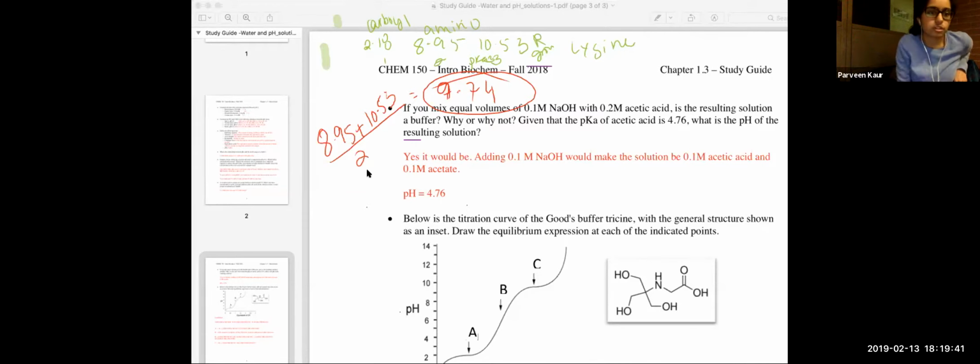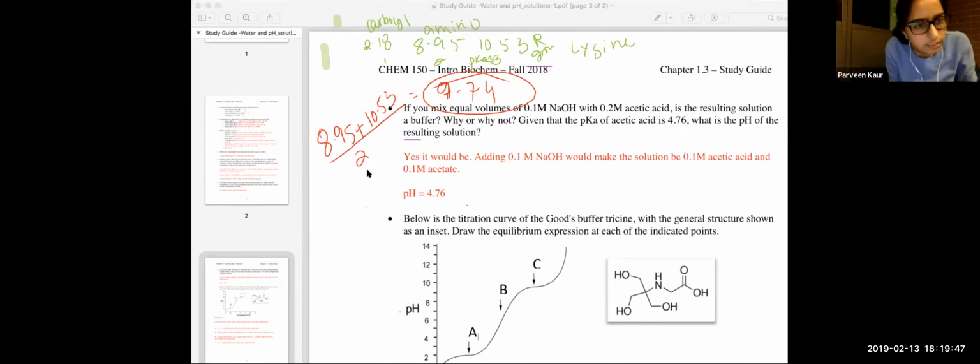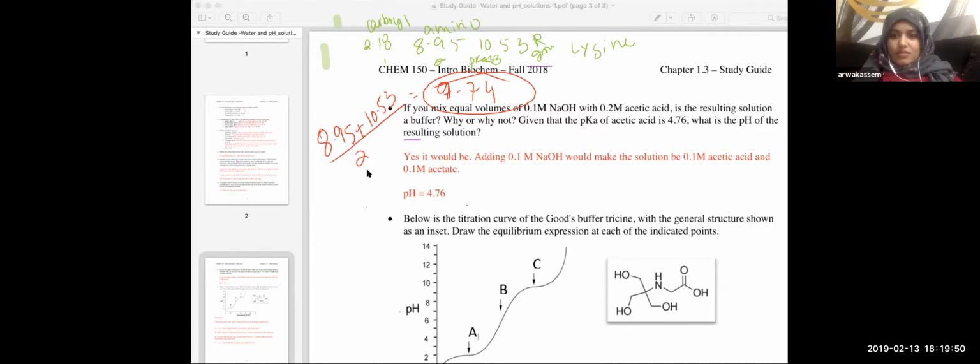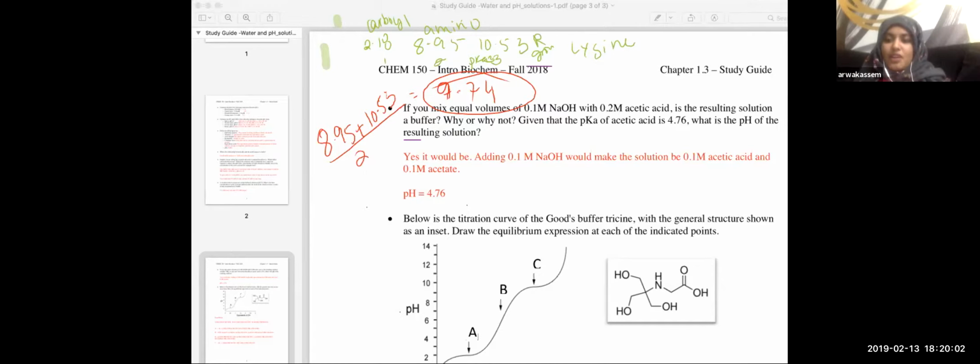He won't give you the structure. So we can determine with this if it's basic or acidic. From the pKa, you will know the charge.